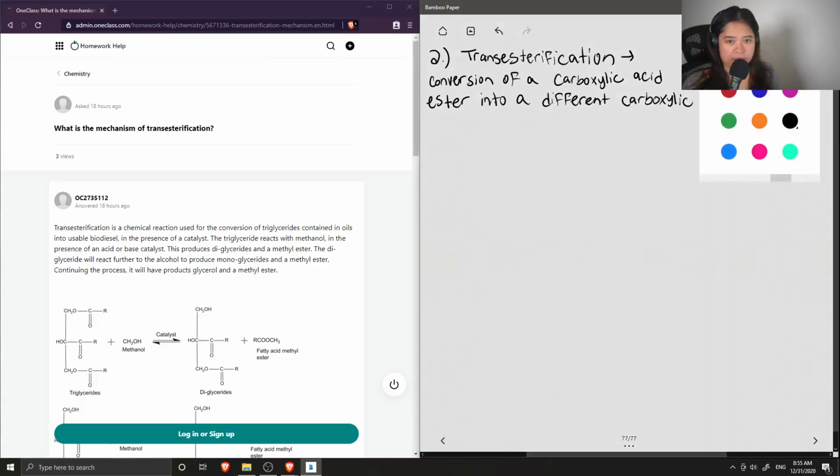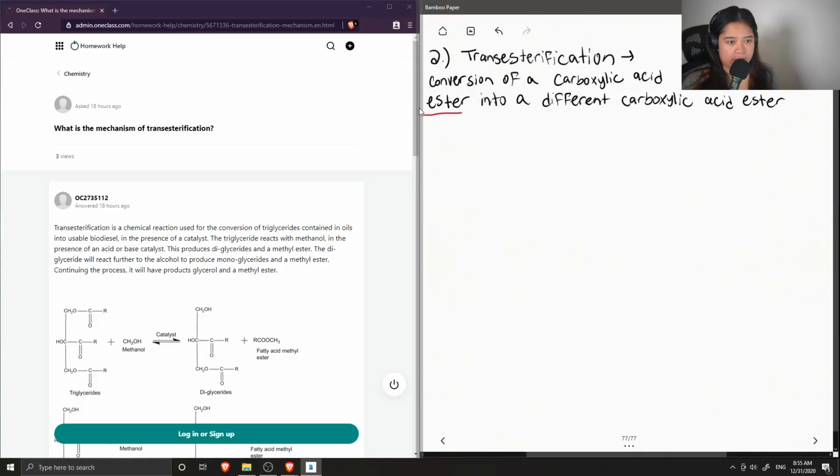Okay, so pretty much the R group on the ester changes.